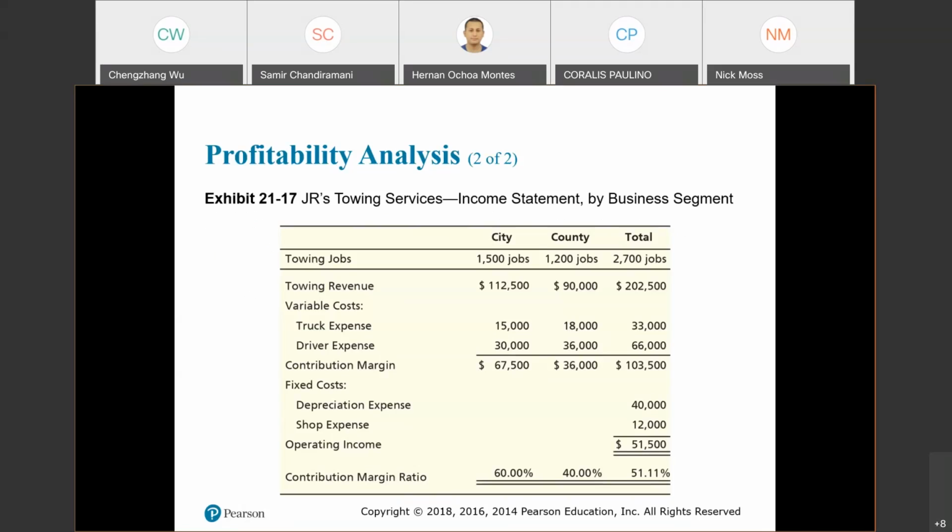Towing services provided within the cities are shorter routes and take less time, whereas the towing services provided outside the city are longer roads and take more time. Also, due to busier streets and more accidents, the company tows more cars within the city.